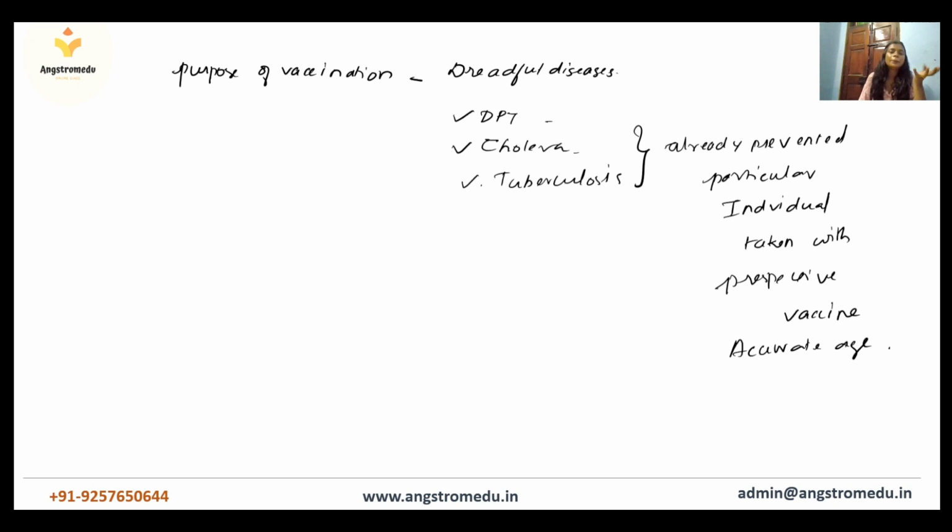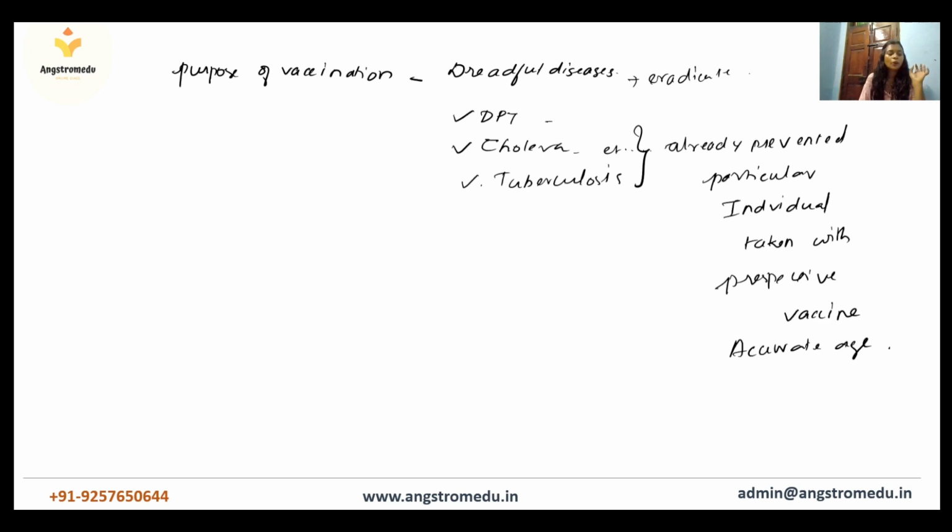So the purpose of vaccines is to eradicate dreadful diseases like DPT, cholera, tuberculosis, etc. The vaccine should be taken by that individual at the particular needful age, when it is needed.